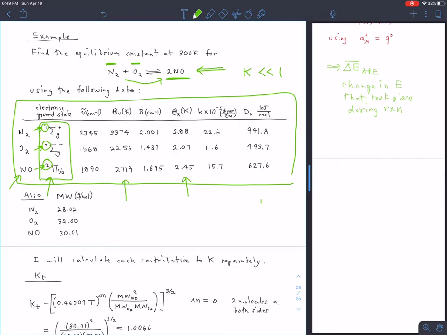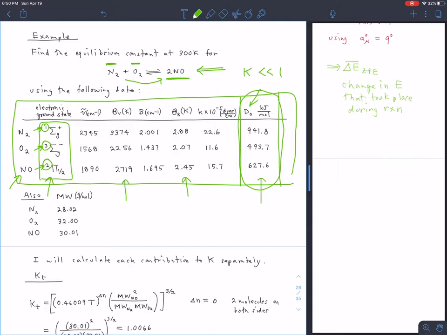And then we will also need this column over here, which is new. None of the data tables that we've encountered before have this column that's labeled D0. Let me talk about what that D0 is. It's basically the negative of the zero point energy for each of the molecules in question. So this column is going to be used for calculating the zero point energy.